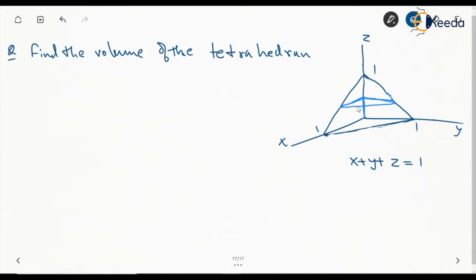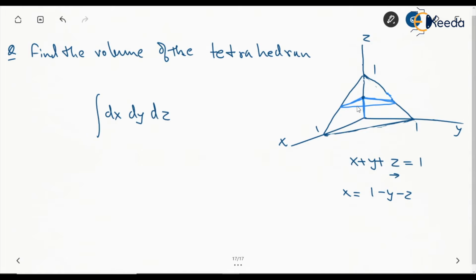So this x, we can say dx, dy, dz. From this plane equation we can say that x is 1 minus y minus z. This is also fine. And if not, from this plane we can see that x starts from this point.